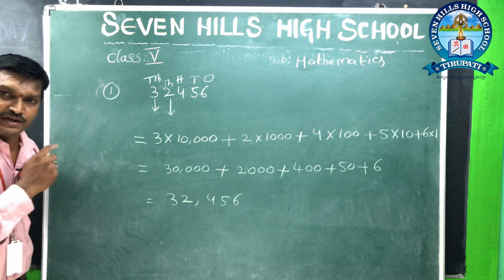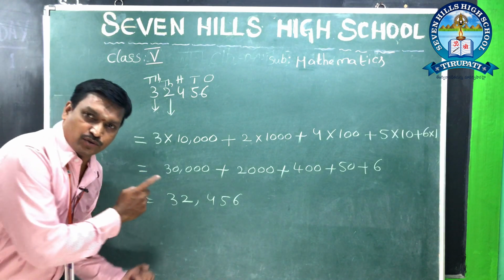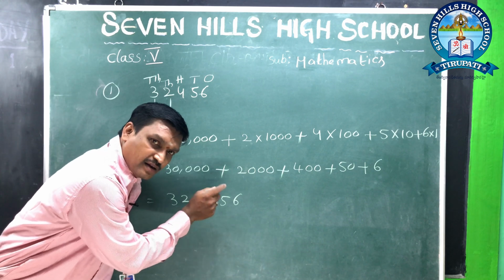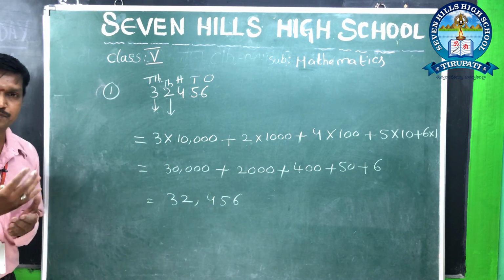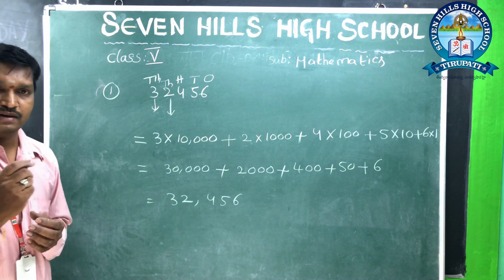The total given number is 32,456. It is the process for the expanded form of a given number.